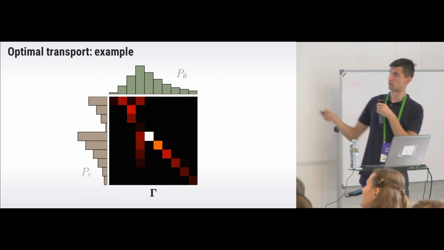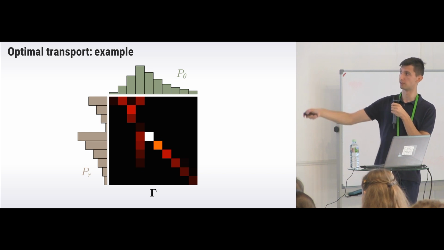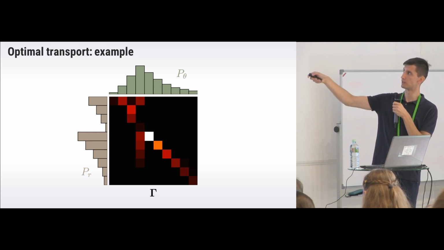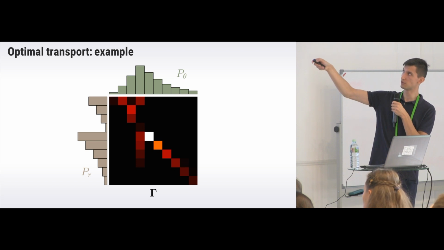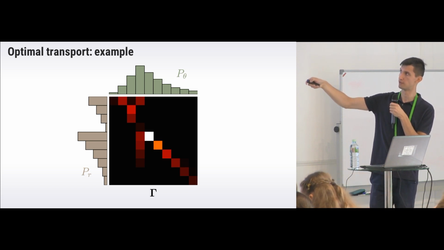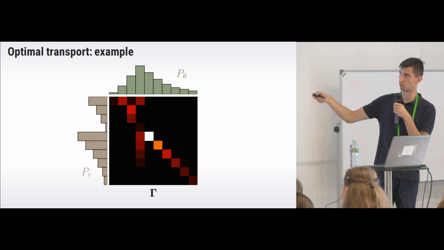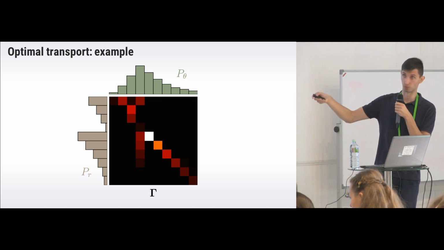Let's take a look at the example. This is one distribution, this is another distribution, and this is the optimal gamma. It tells us that this bar should be transferred into this bar and this bar. The color shows the amount that should be transferred into this bar and the amount that should be transferred into this bar.